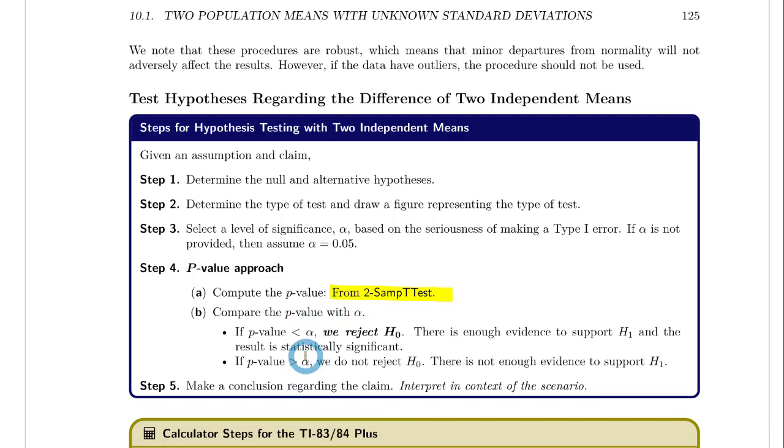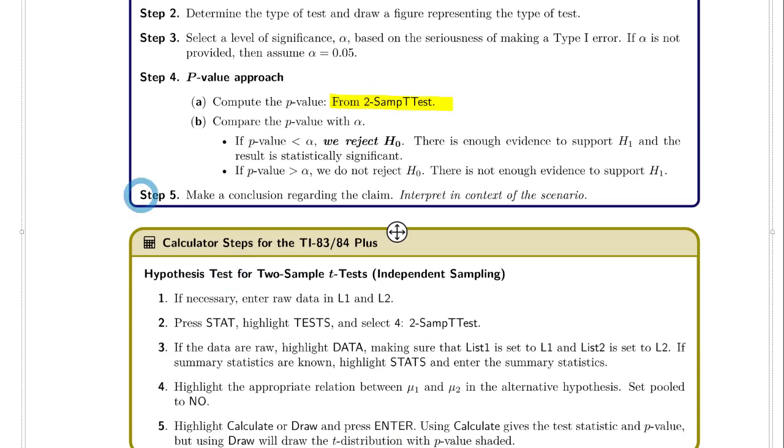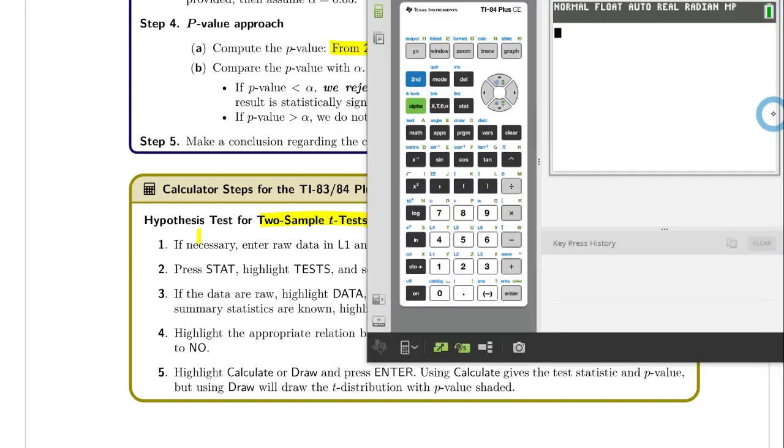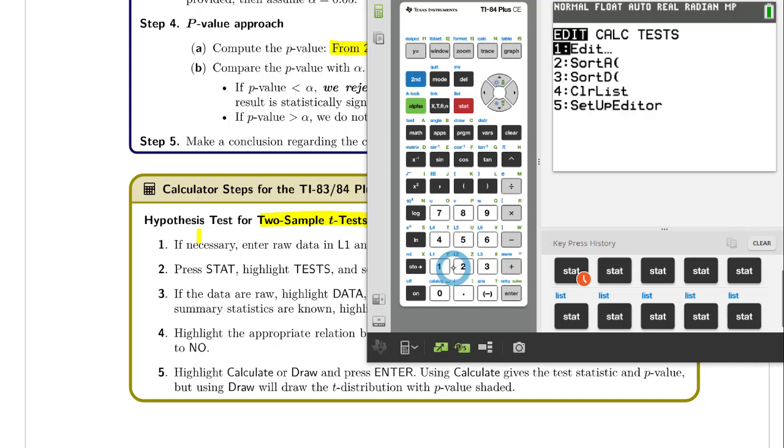If we scroll down a little bit, we're going to see the calculator commands here for two sample t-tests. On our calculator, hit stat, go to tests, and go to 2-SampTTest.